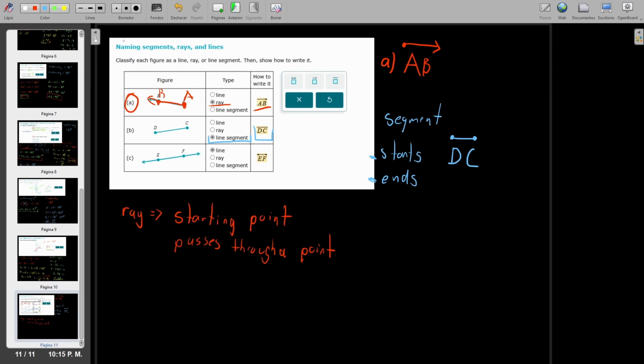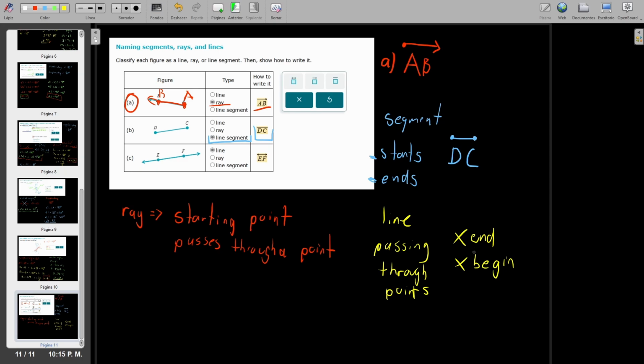Now, a line. A line is going to be passing through some points. It doesn't have an ending nor a beginning.